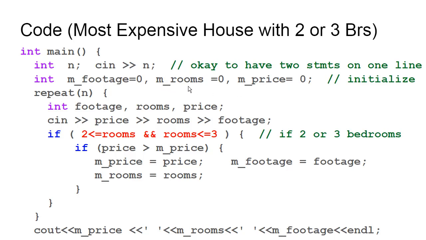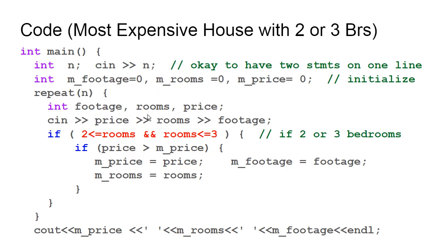Because we need to print out all the information of the house, we also store the footage and rooms in addition to price. Here I intentionally show that you can use white space differently. Whether you use white space around this assignment or not, it's equivalent.